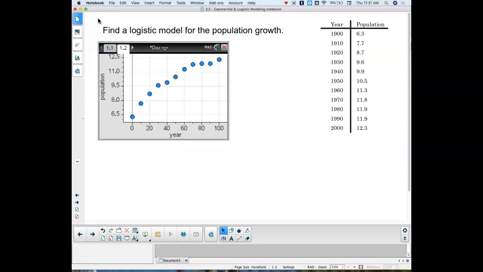Now I want to come up with a logistic model that would fit this. I want it to be f of x equals c over 1 plus a b to the x power. That's what we want it to look like.